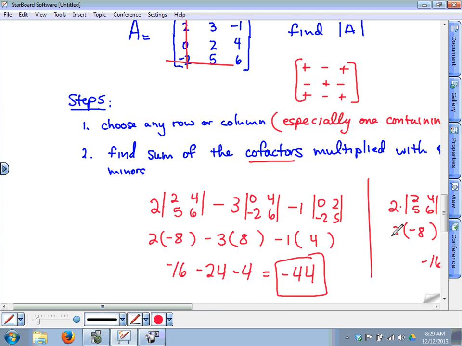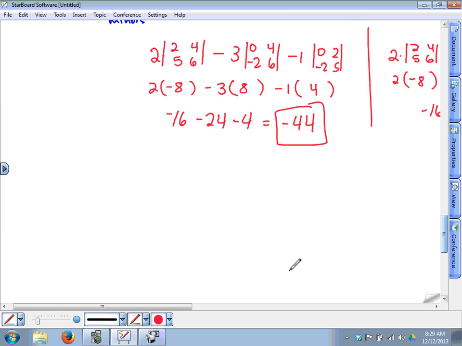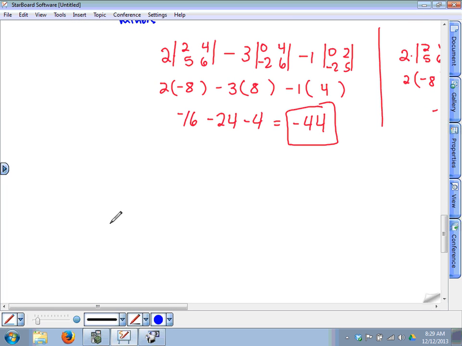Okay, here's one for you. Example 3. Try this one. Find the determinant.